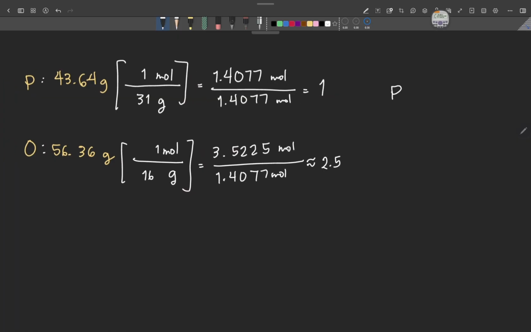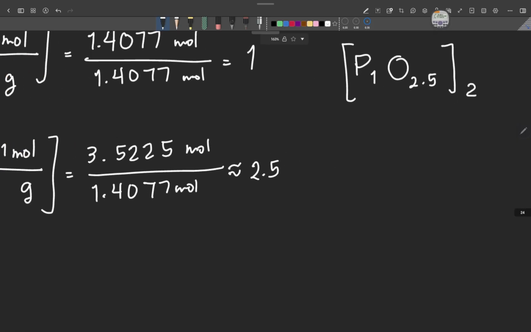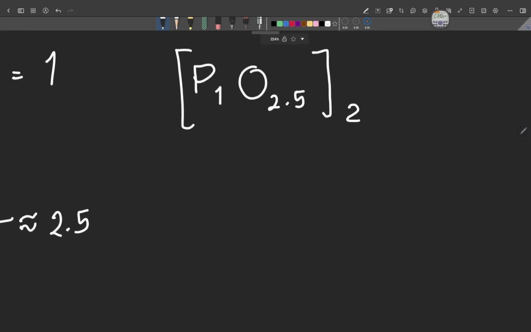You have to write P1 O2.5, then multiply this by 2 so that it becomes a whole number. So this will give you P2O5. So this is the empirical formula.